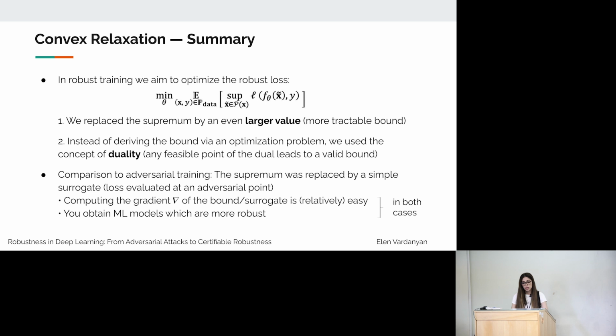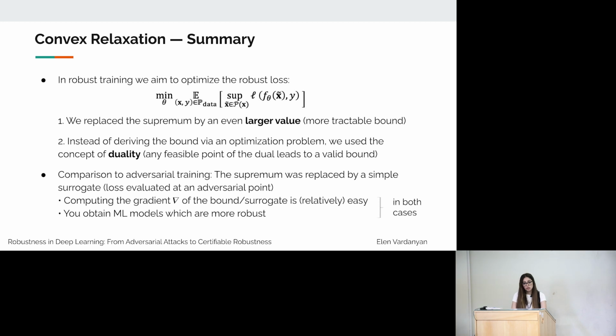So as you can recall, in robust training, we wanted to optimize the robust loss with respect to the worst case perturbation. And so we solved this problem of supremum by replacing it with an even larger value, which is tractable. But then the result obviously is not as accurate as it was before.